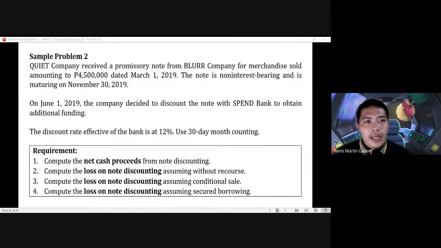Si Angelique, bumaba ang kanyang maturity value. Yung kay Alina, 4.8. Actually, sa net cash proceed, merong nang nakakorekt.